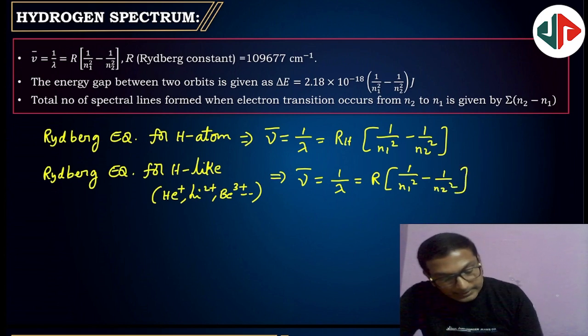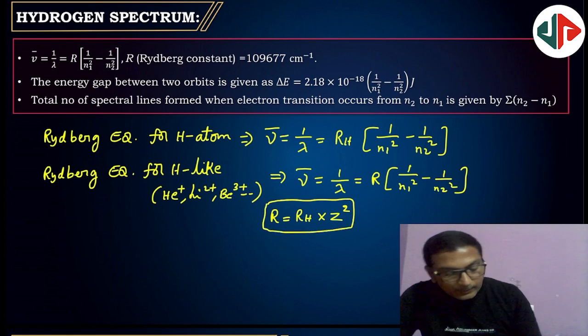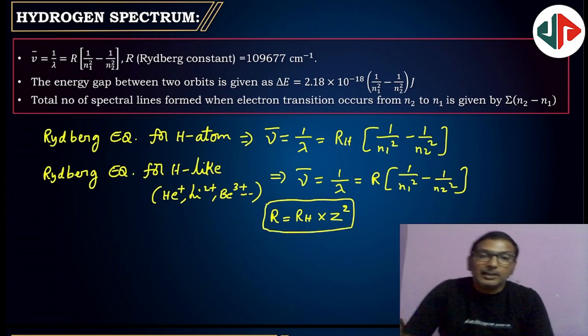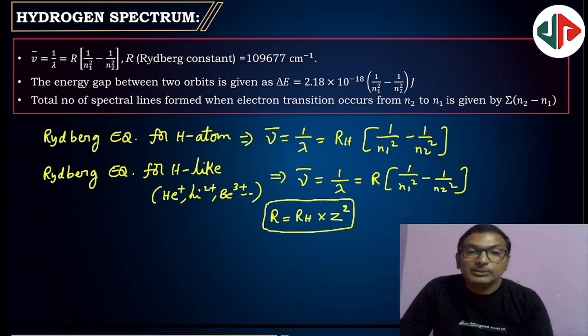So here R is RH into Z square. RH is Rydberg constant for hydrogen and Z is atomic number of hydrogen-like species. For helium, Z equal to 2, lithium Z equal to 3, beryllium Z equal to 4.